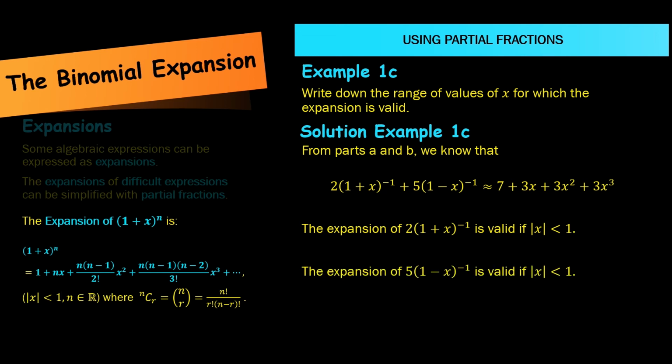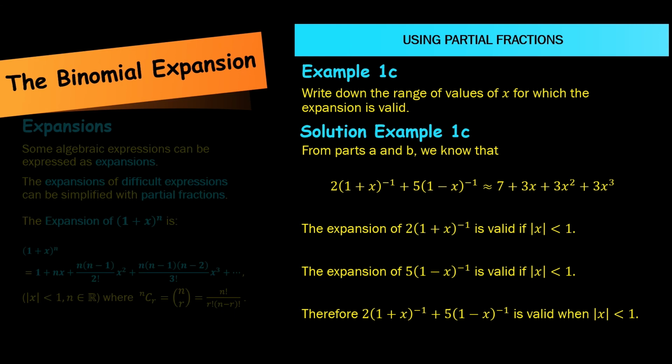And the expansion of 5 times 1 minus x to the -1 is valid if mod -x is less than 1. Of course, mod -x is the same as mod x. And therefore we can conclude that 2 times 1 plus x to the -1 plus 5 times 1 minus x to the -1 is valid when mod x is less than 1.